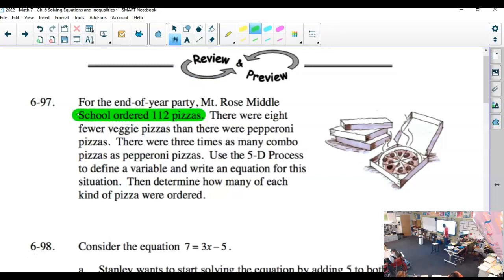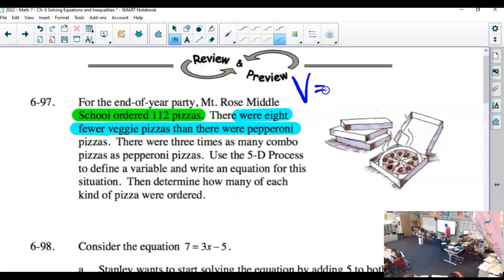So there were 8 fewer veggies than there were pepperonis. So this, just to start, is a weird sentence. It's telling us the number of veggies is pepperoni minus 8. And guys, this is exactly what we're practicing more of today. Making sure that when we read these sort of statements, we can make sense of it, write it down, solve it.